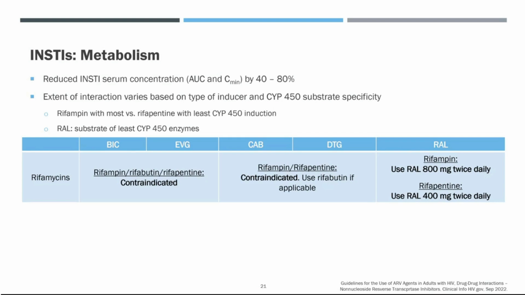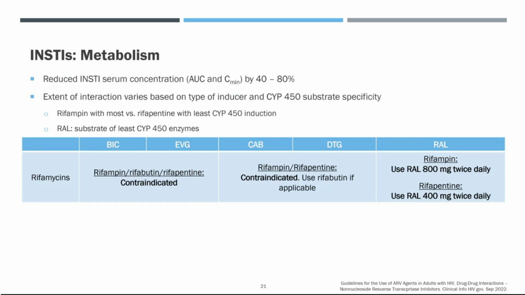Rifampin has the most inducing capacity, versus rifapentine, which has the least CYP450 induction capacity. In terms of CYP450 substrate specificity, raltegravir has the least specificity compared to all other INSTIs.